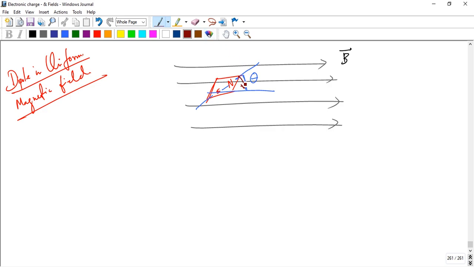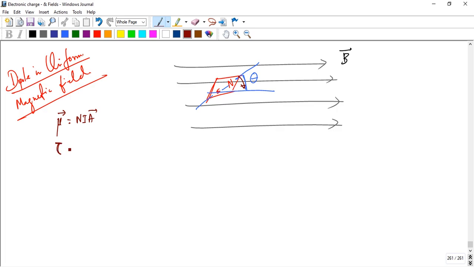Okay, so if there is a rotation, obviously we know the magnetic moment mu is equal to NIA, and another formula we know is tau. Tau, suppose, is a deflecting torque due to the rotation.